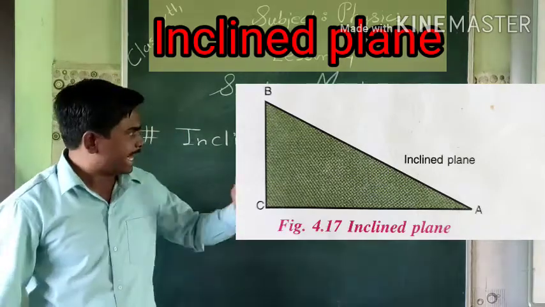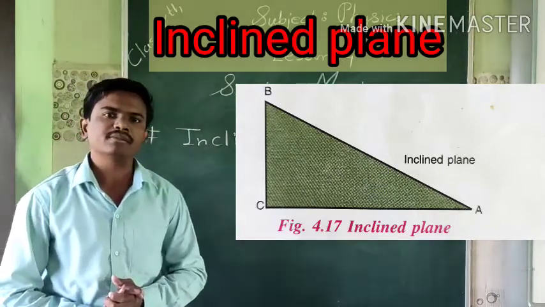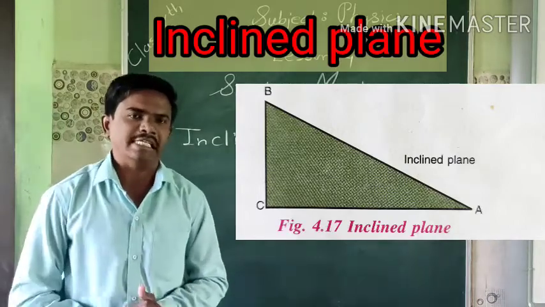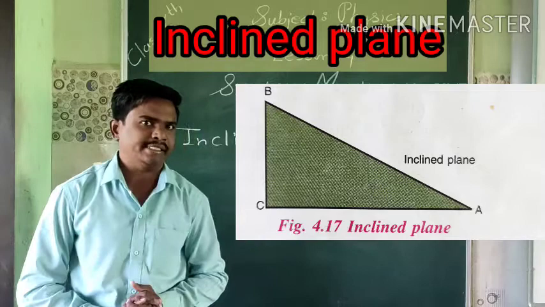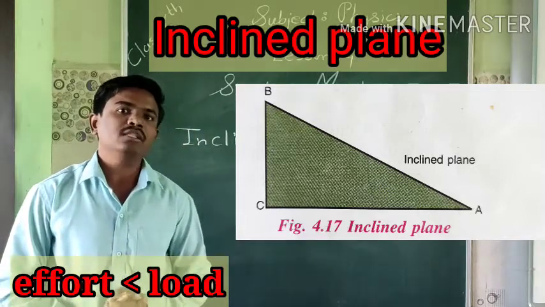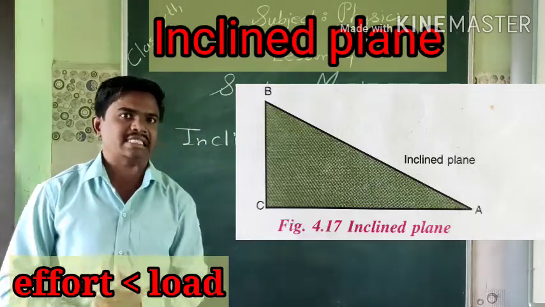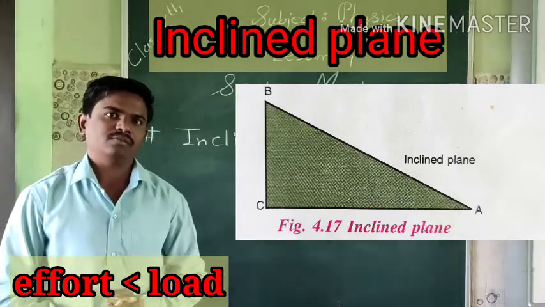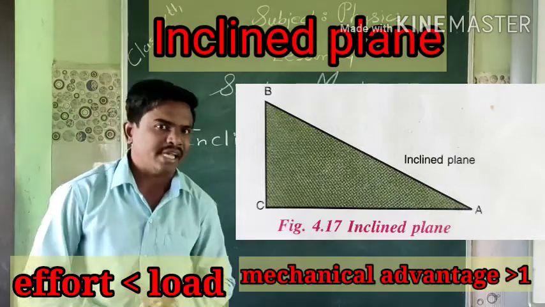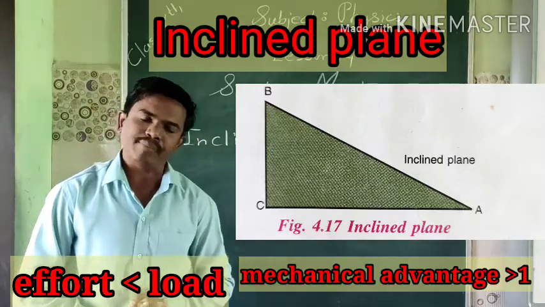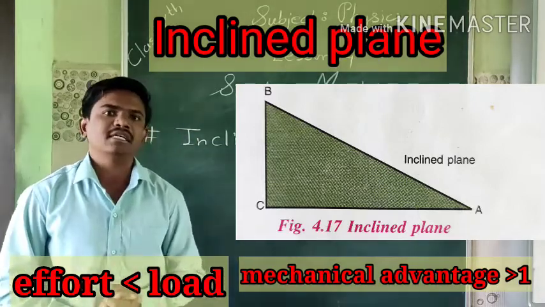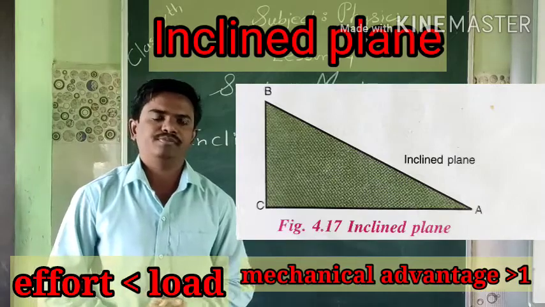You can see the inclined plane in the figure. Students, in an inclined plane, the effort applied to push the load up is less than the load. So therefore, we can say that the mechanical advantage of an inclined plane is always greater than 1.